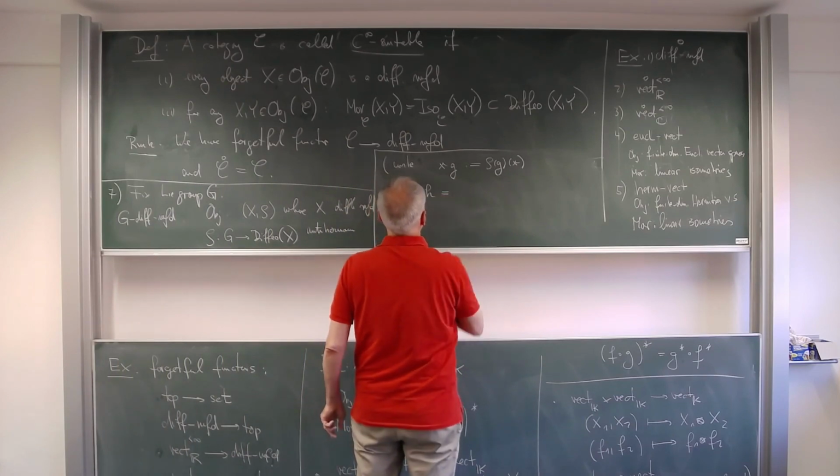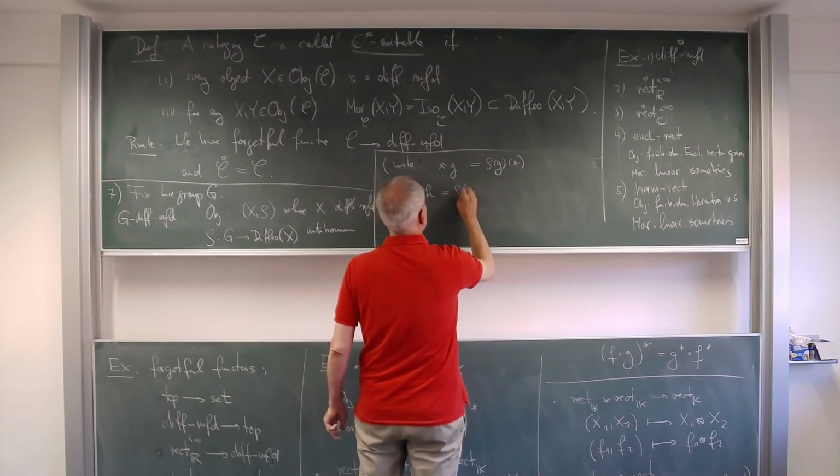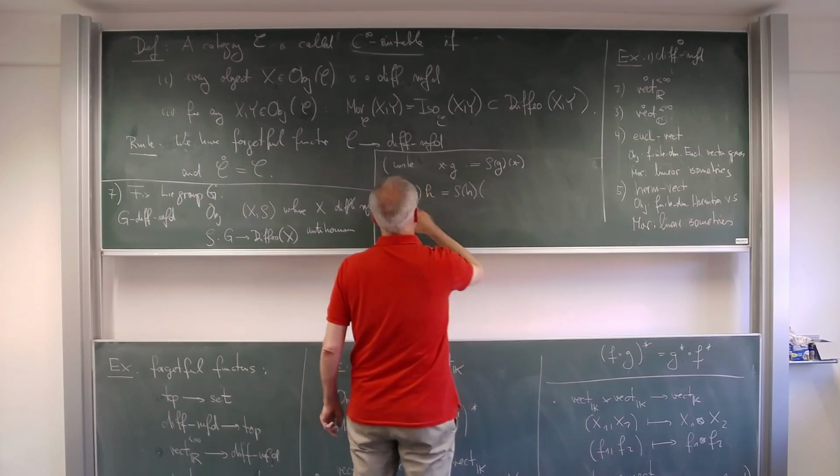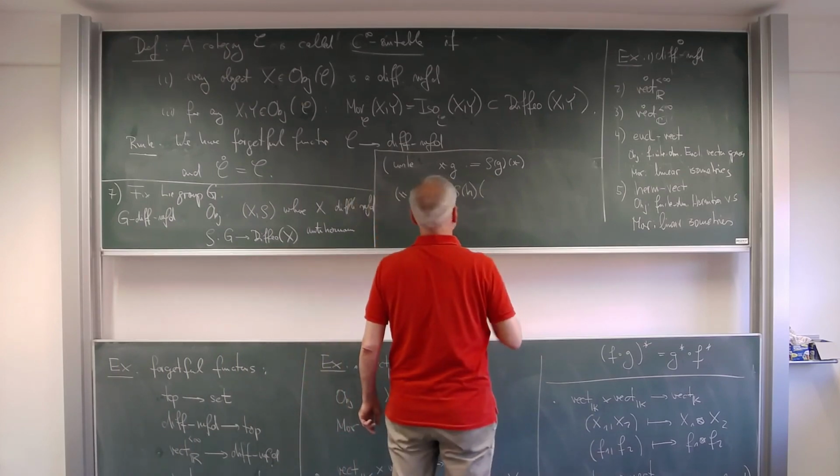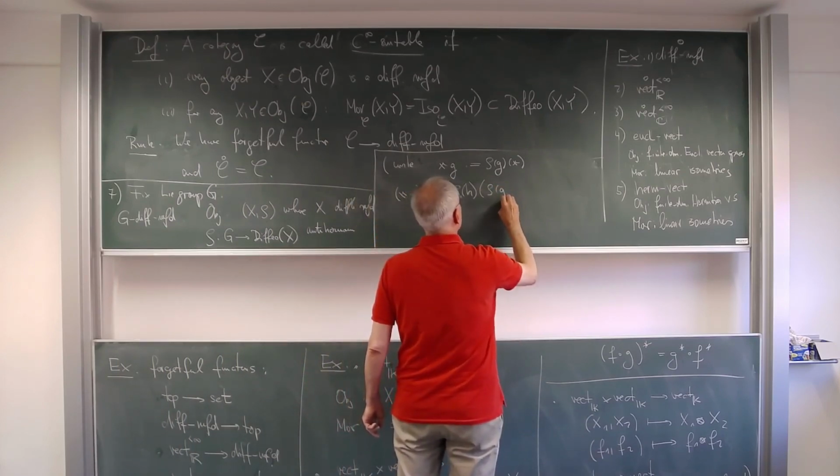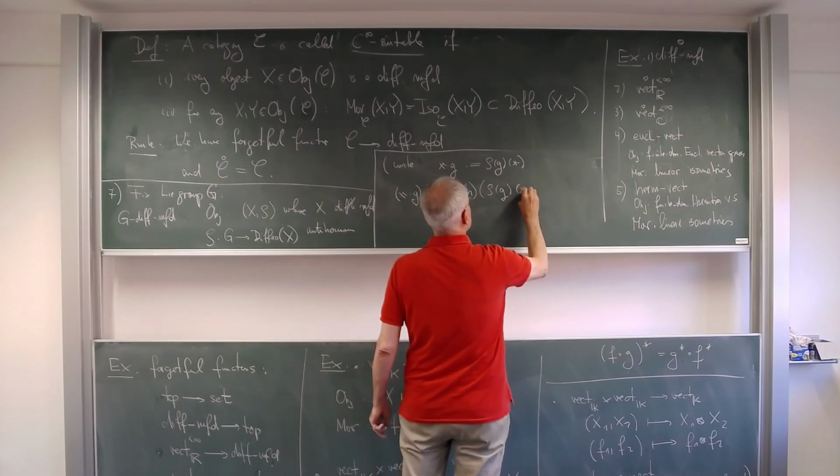Well, you would get rho of H applied to X times G, which is rho of G applied to X, right?